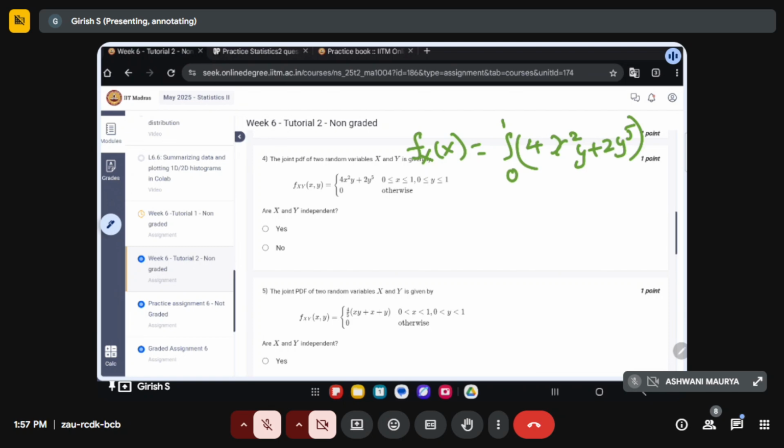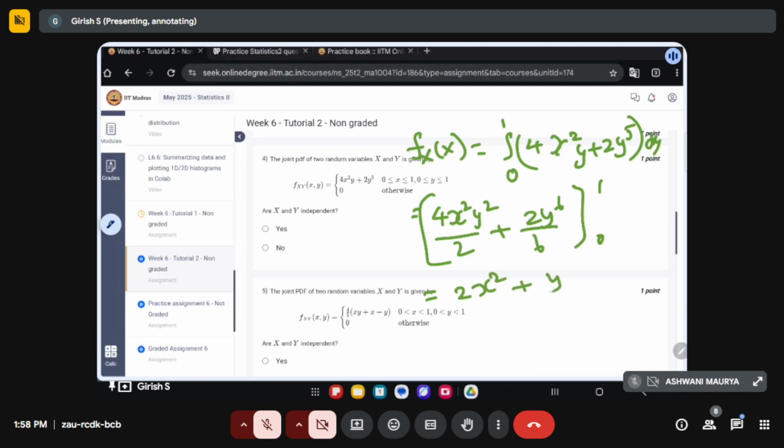So we are just integrating with respect to y, right? So this becomes 4x square y square by 2 plus 2 y power 6 by 6, from 0 to 1. So this becomes 2x square plus y power 6 divided by 6.